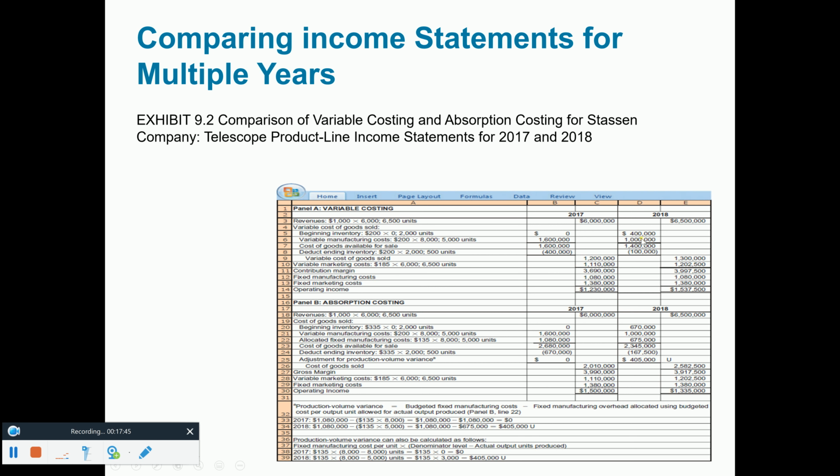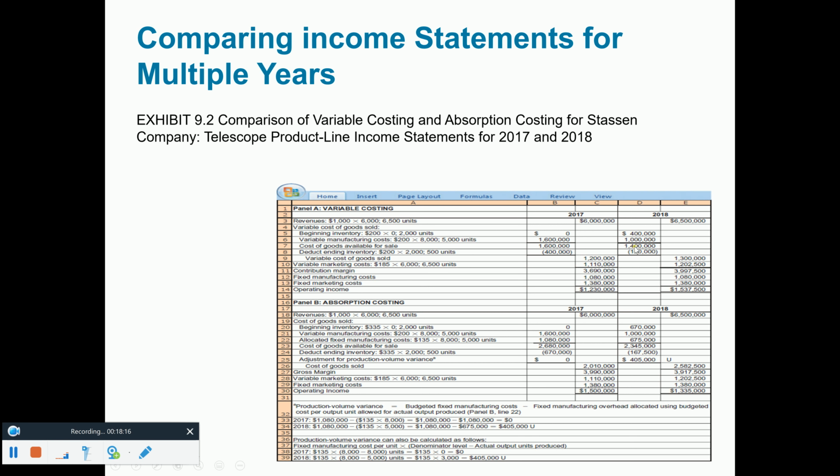So if we take the 5,000 times your variable manufacturing cost of $200 per unit, which we calculated in 2017, so beginning inventory plus your variable manufacturing cost gives you cost of goods available for sale less ending inventory. Your ending inventory for 2018, according to your textbook, is 500 units. So if we take 500 units times $200 per unit, you'll get $100,000.